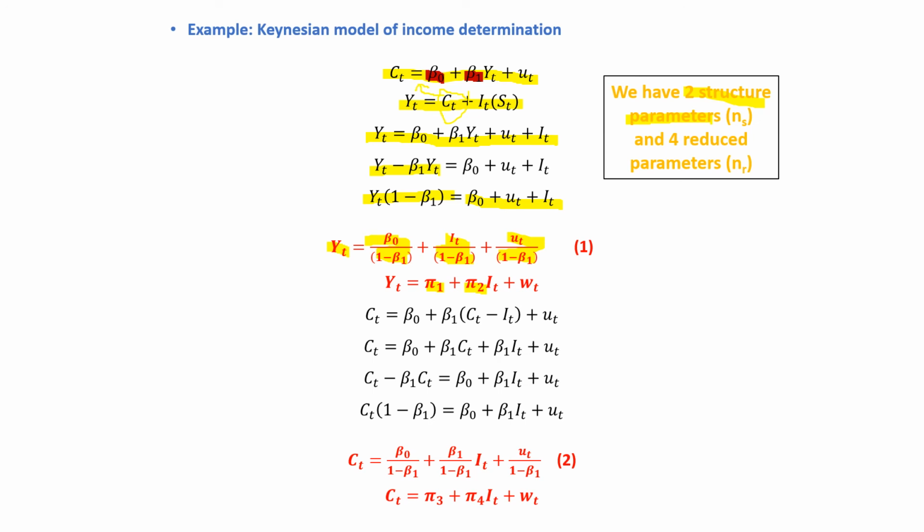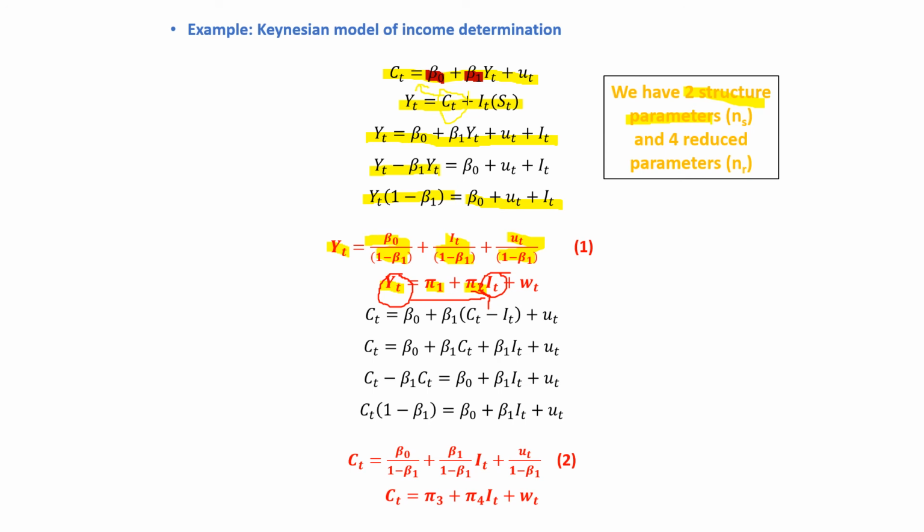So now we have Y, the first endogenous variable, represented as a function in I only. So Y, the endogenous variable, is represented as a function in the exogenous variable and the disturbance only.